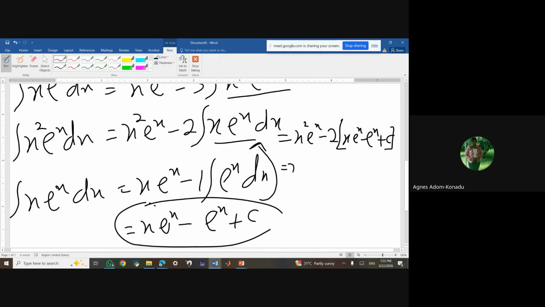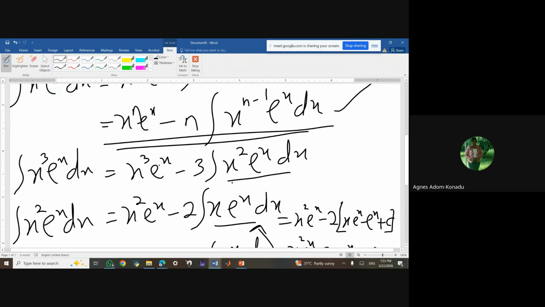This will give me x to the power 2 e to the power x minus 2x e to the power x plus 2e^x plus c. Then I'll substitute this into this.